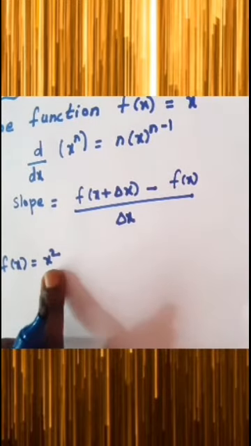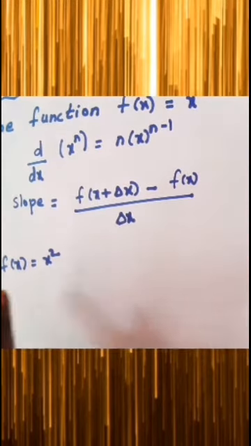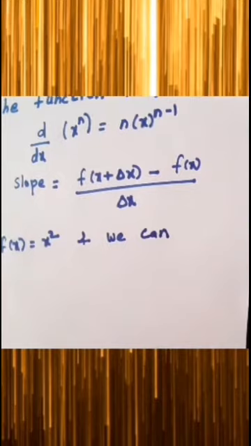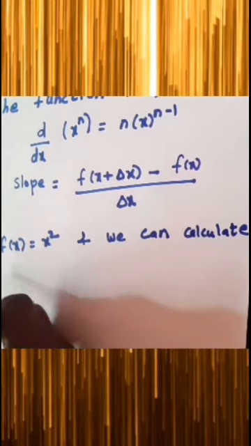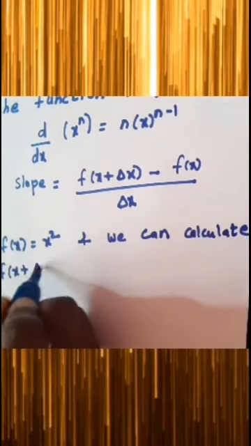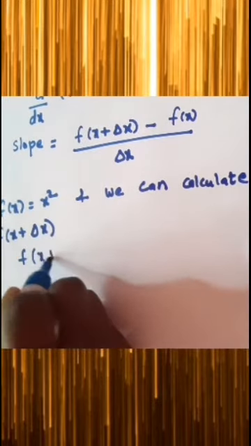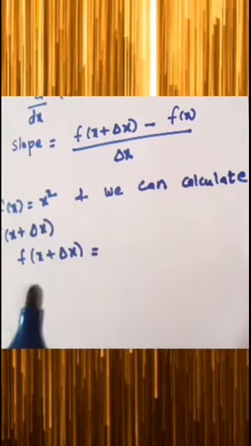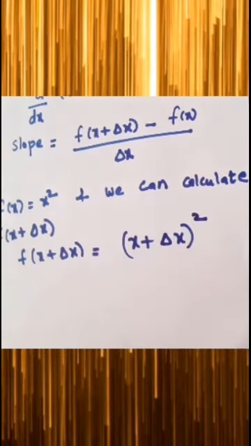If f of x is equal to x square, we also should find f of x plus delta x. What is f of x plus delta x? This value can be written as x plus delta x the whole square.